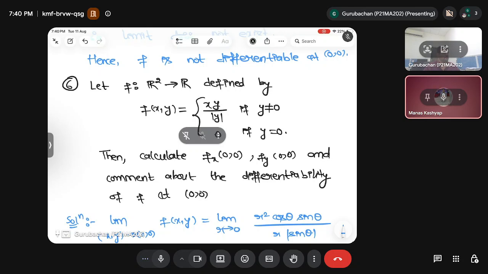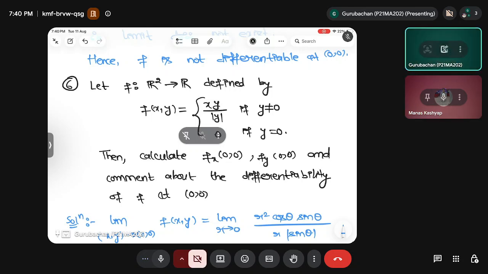Why is it not equal to 0? If y is not equal to 0, then this is x for y positive and minus x for y negative. The function will reduce to something.